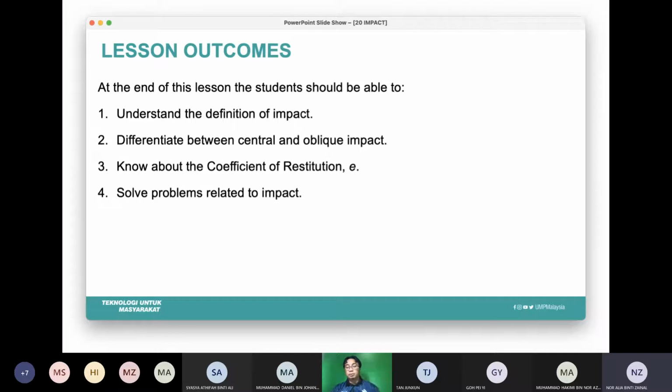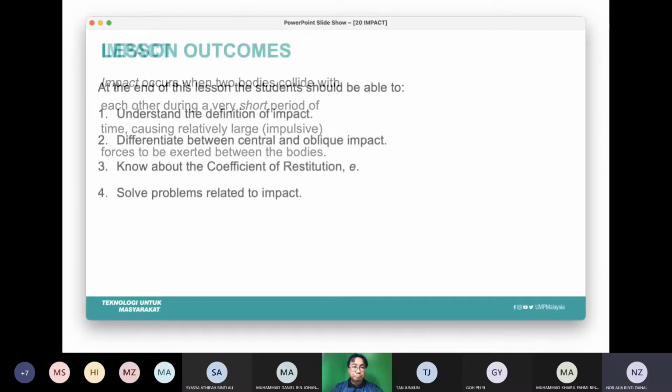You should know about the coefficient of restitution, and the symbol used is e for the coefficient of restitution. And then finally we're going to solve a few problems related to impact.